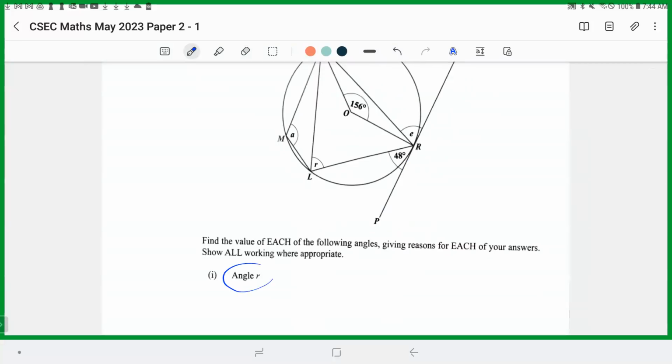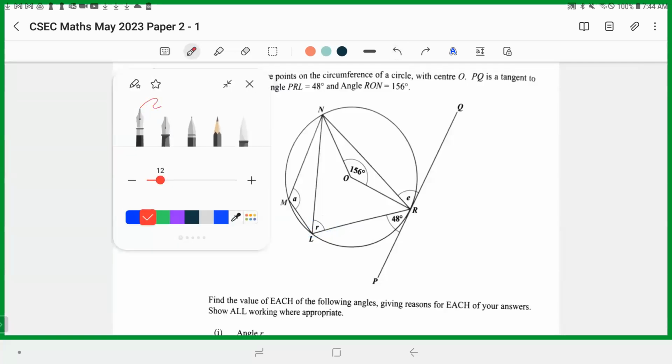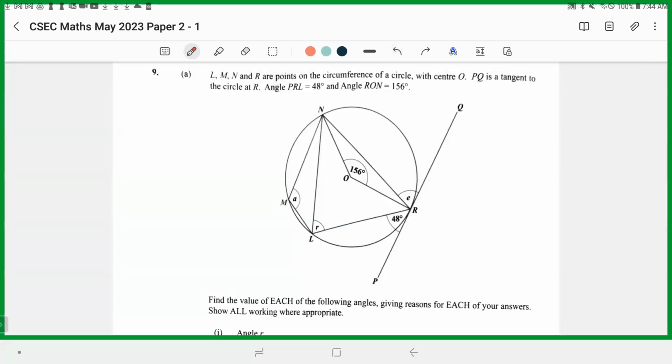First one, angle R. Angle R is this one. What I always say is, to find this angle, go back on the angle and find the chord or the arc that is subtending the angle, which is this chord. The chord is subtending an angle of 156 at the center. So we can use the center rule.